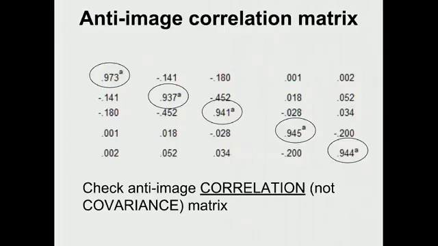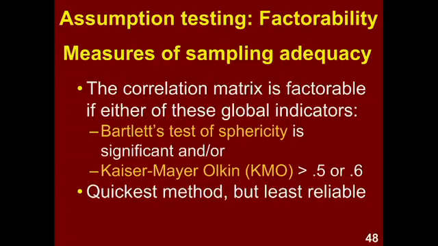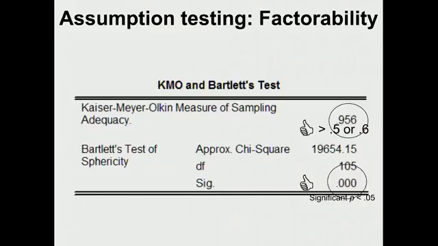If I want to use the anti-image correlation matrix, the output will look like this. And I'm looking at the diagonals to see if they're over about 0.5 or 0.6. They all are, clearly. So again, it's highly factorable. And then the final way you could do it is with these global measures of sampling adequacy.